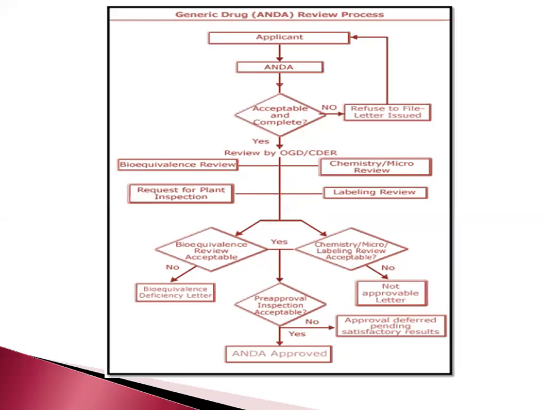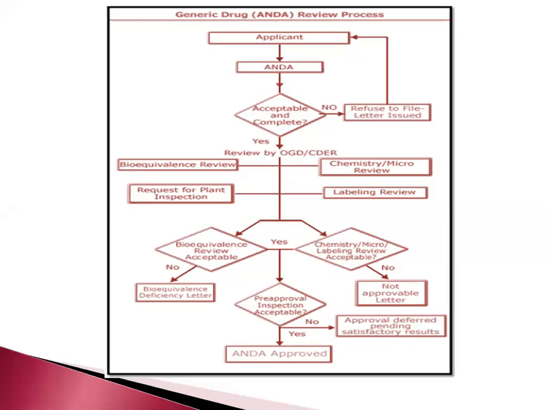If there is deficiency in documentation, if there is deficiency in chemistry micro labeling related work, in that case, they will send the not acceptable letter to the applicant, right? So these are some consequences. If it is okay, then we'll proceed.